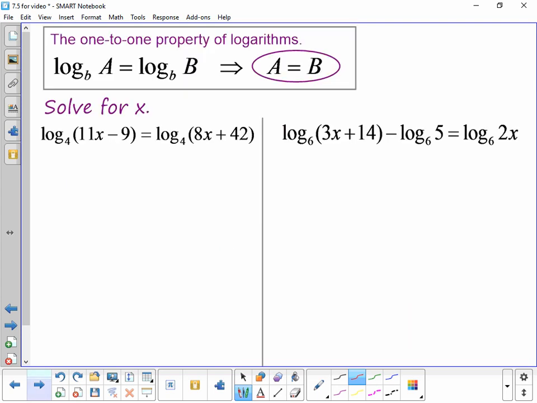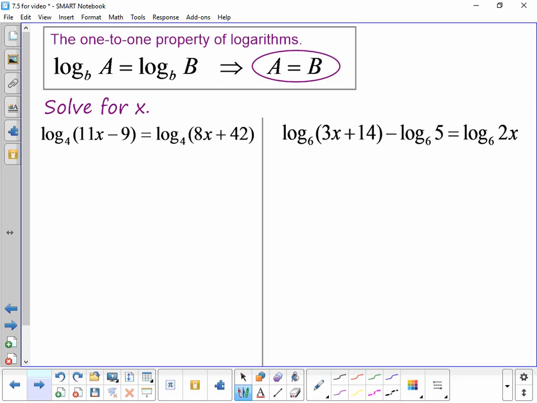Good times. Okay, there is one more type of logarithmic equation. It's actually one of the easier ones to solve, but sometimes people forget about this type. Logarithms have a one-to-one property. And what that means is that if you have the log of something and it's equal to the log of something else, if they're the same base, those two things have to be equal to each other.